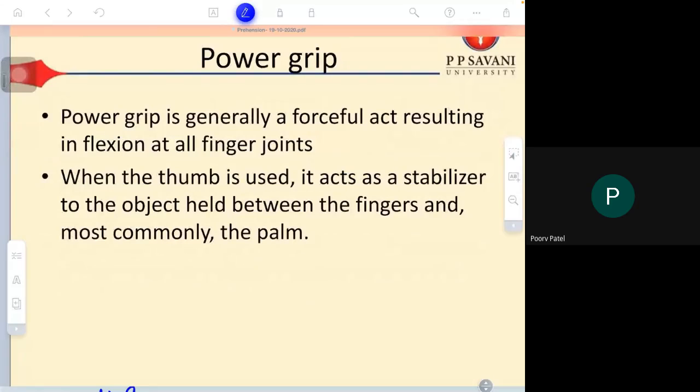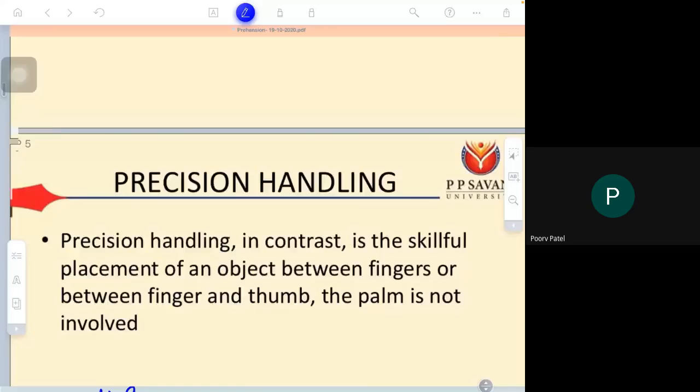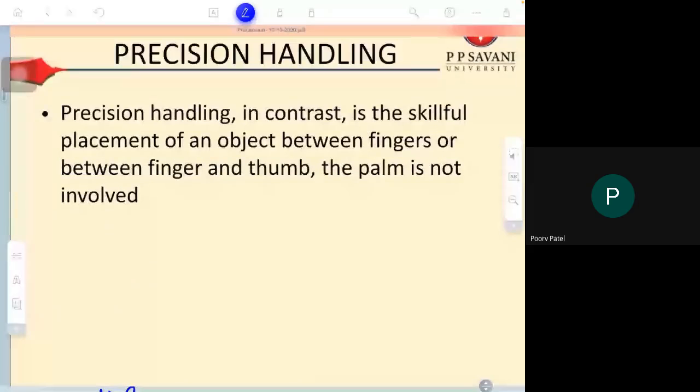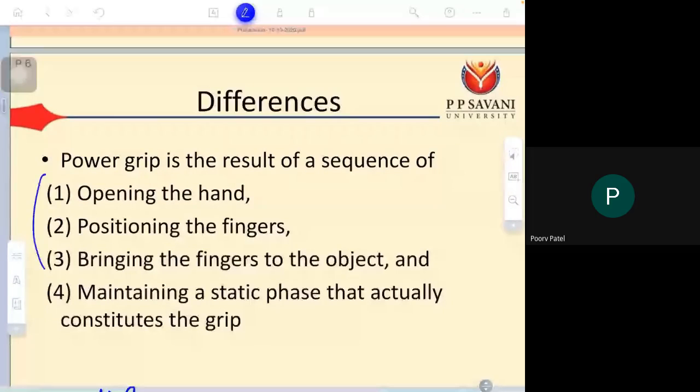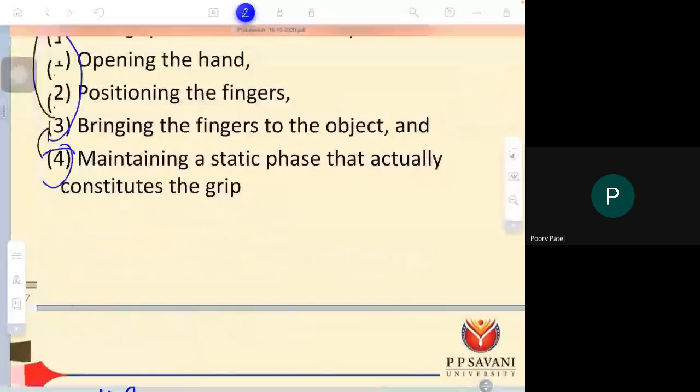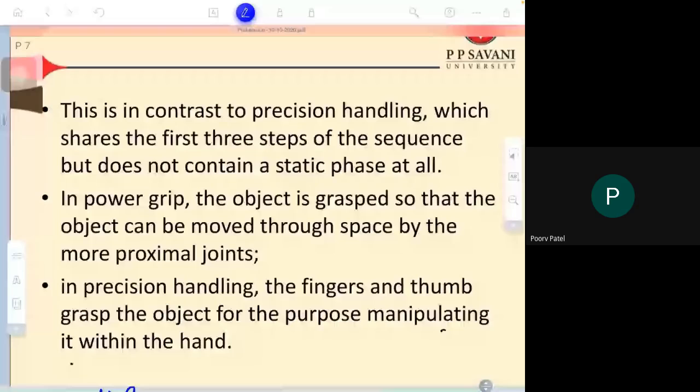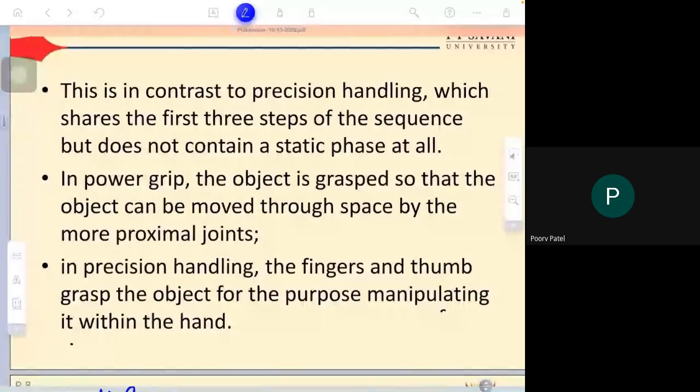Power grip we discussed and precision handling we discussed. We discussed the differences. Four phases. This is dynamic phase. This is static phase. And in precision handling, the last phase is absent, that is, static phase is absent.